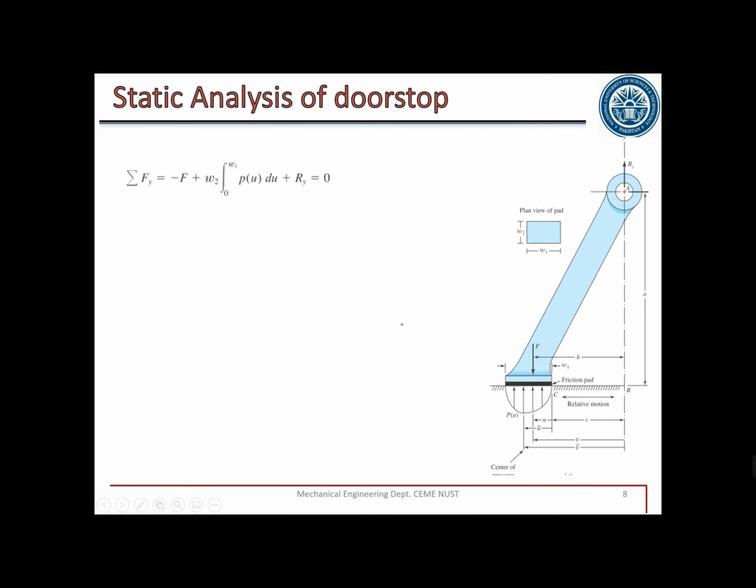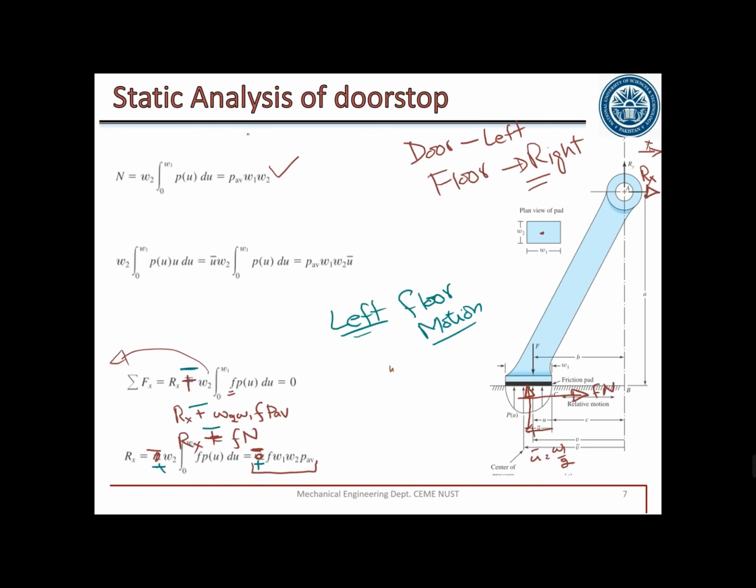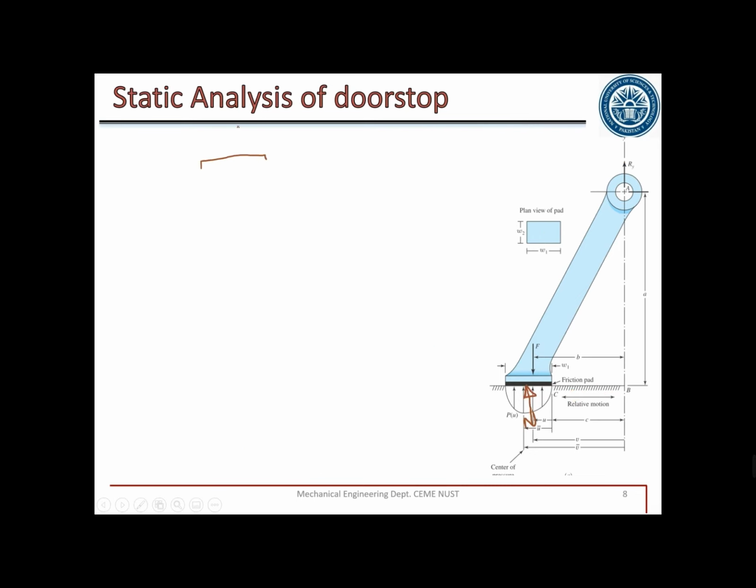Similarly, summation Fy. Now, the second thing is we have to solve for Fy. There was N here. Summation Fy equal to 0. What are the forces in the y direction? Ry plus N minus F. So Ry plus N, this is N, exactly the same equation as this, either this term or this term depending on what you use, minus F. So solving it, it is minus F plus N plus Ry equal to 0.